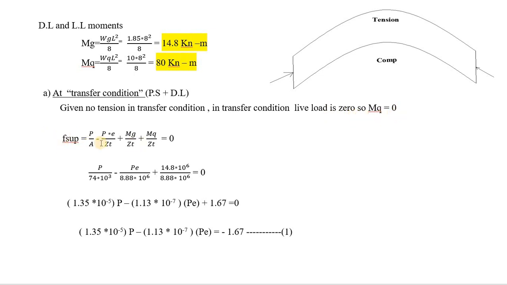We know that for F superior and F inferior, we have a standard formula like this. As live load is not present in this condition, the moment due to live load will also be 0. So this MQ is made as 0. I have mentioned that here.